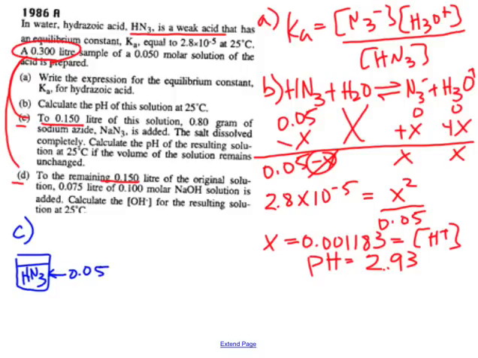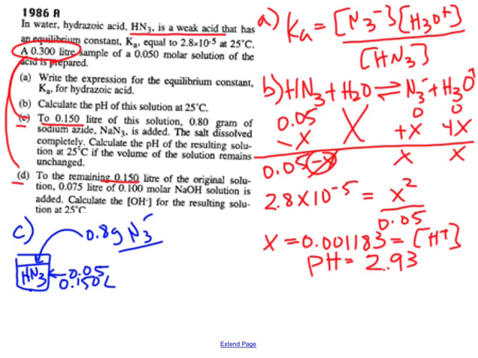And this is actually 0.15 liters of it. To it, I'm going to add 0.8 grams of NaN3. Well, what's important about that is the fact that we're adding the conjugate base to that acid. Remember, Na is a spectator. So if you notice, by adding this conjugate to the original, aren't I making a buffer because I have a weak acid and its conjugate base? Yes, I'm making a buffer.